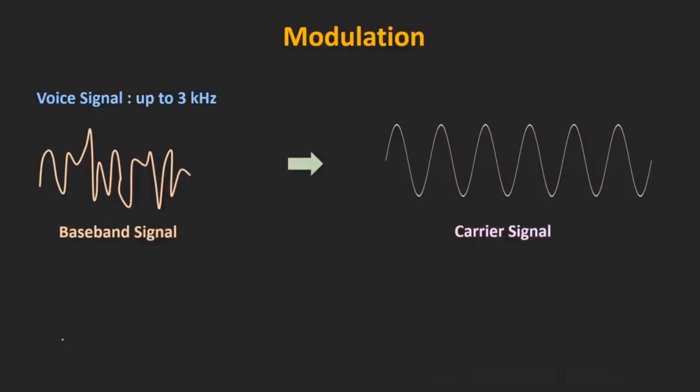In order to transmit this signal over a large distance, I am going to use a carrier with high frequency. I am going to combine this low frequency message signal, in the sense the baseband signal, with the carrier signal in order to generate a high frequency signal.